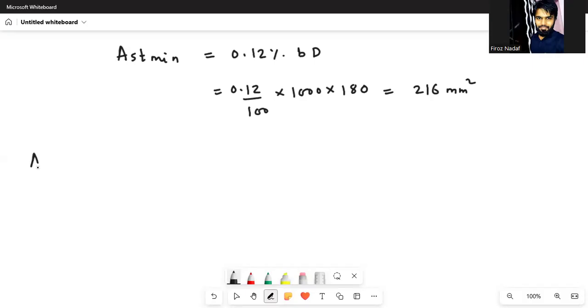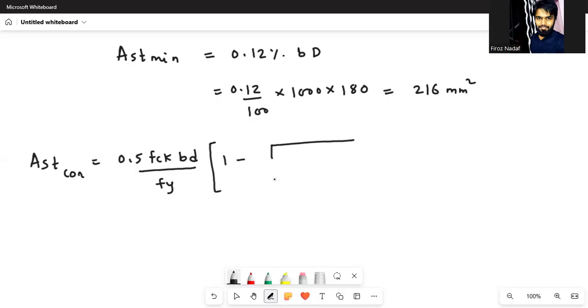Okay, so we will provide the Ast with respect to the bending moment. So Ast at corner, we have corner bending moment. The formula of Ast is 0.5 fck into b into small d divided by fy, bracket 1 minus under root 1 minus 4.6 Mu divided by fck b small d square.